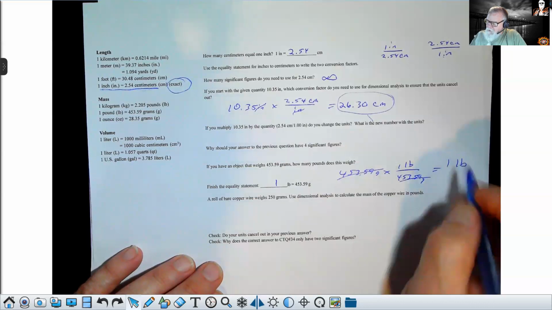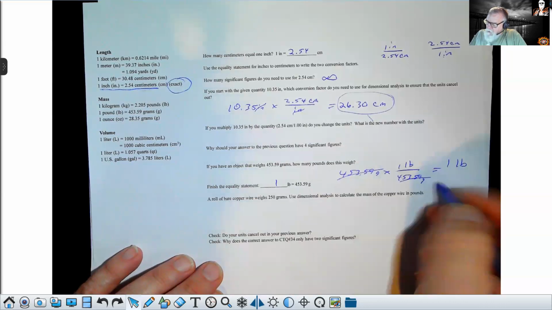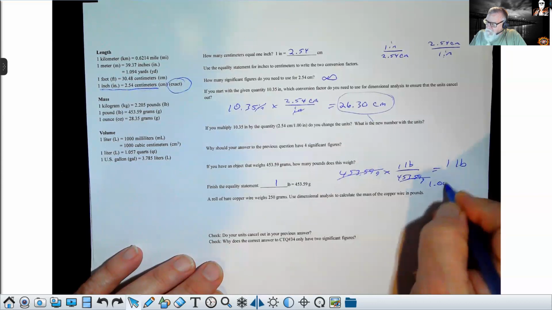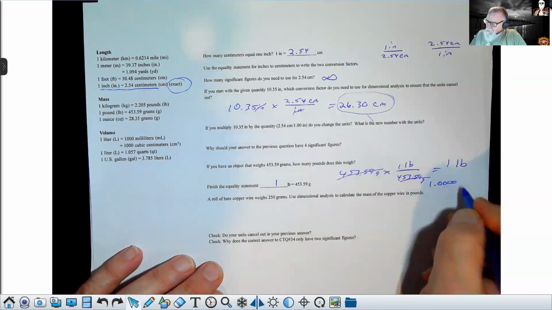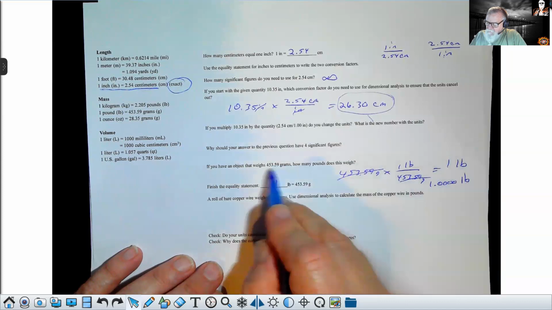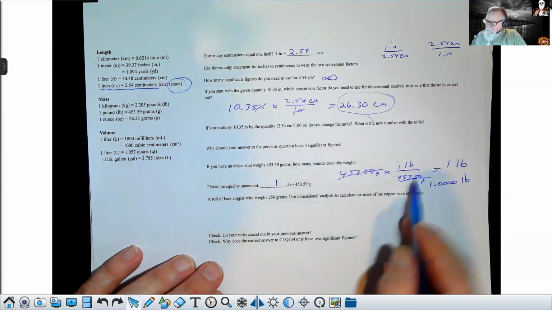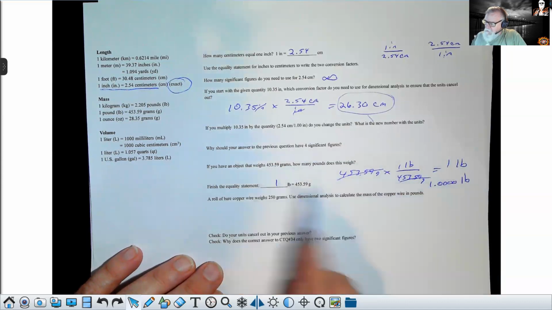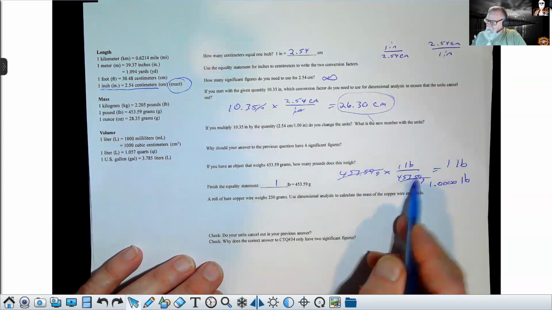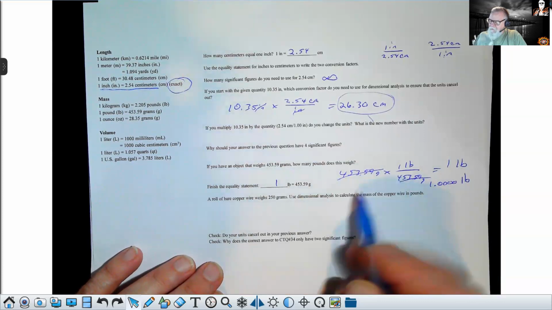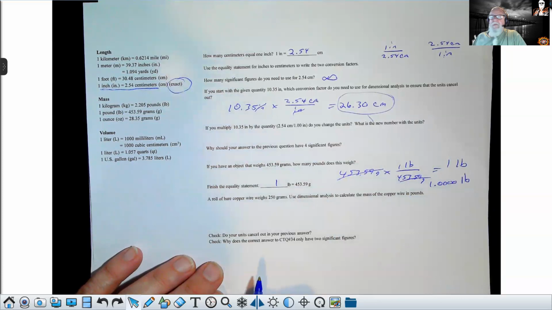But really, the number should be 1.0000 pounds because we have 4 sig figs here, and this is an exact number. Oh wait, no. This also has 5 sig figs, so 5 sig figs. Okay, hopefully that makes sense.